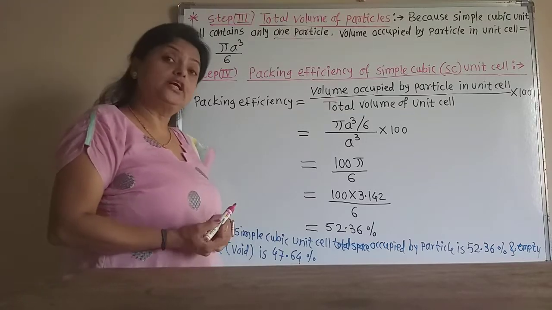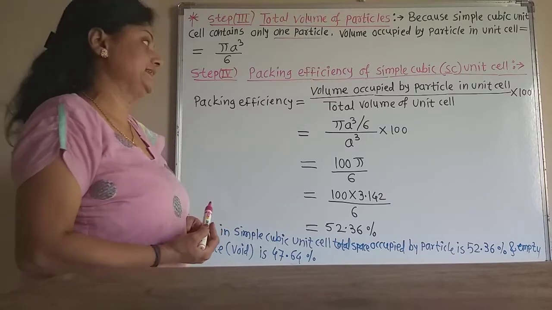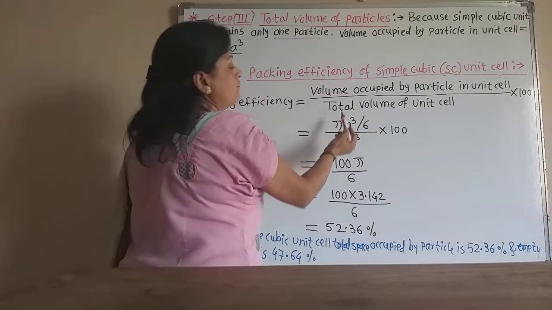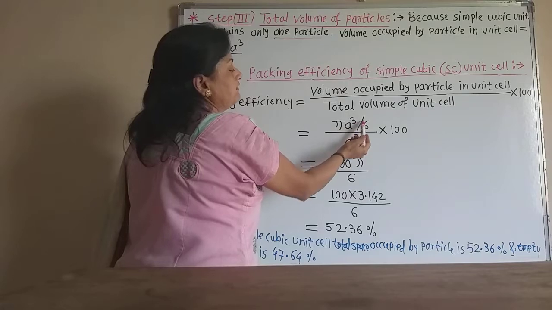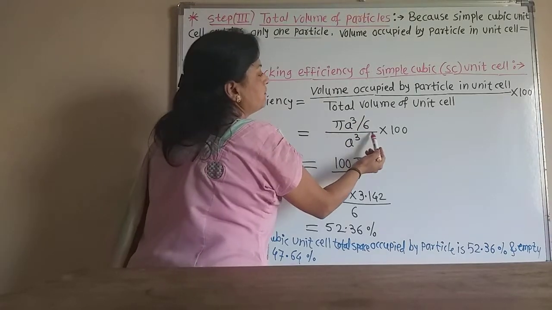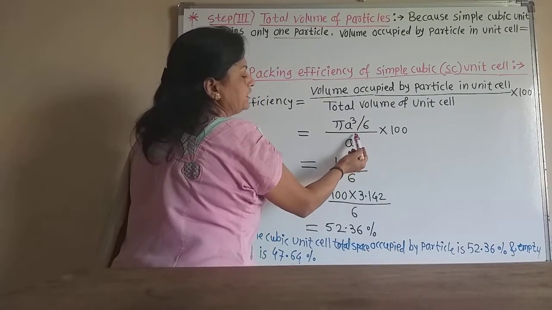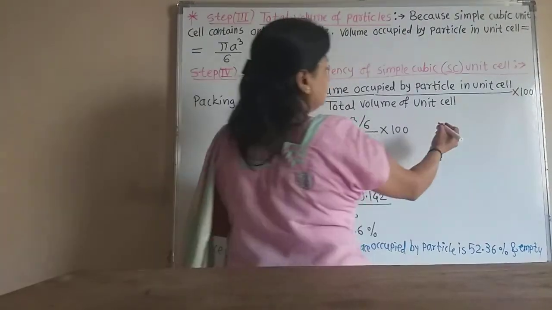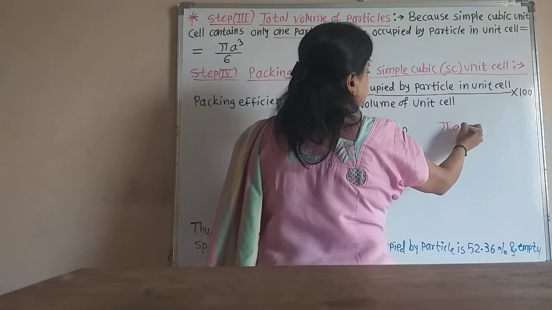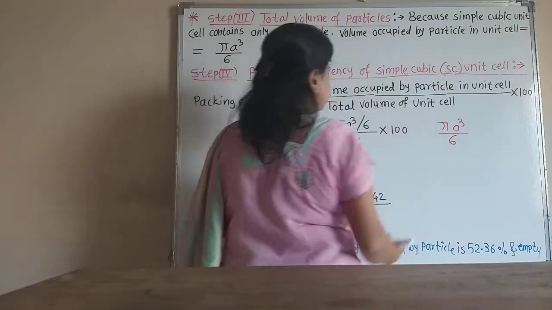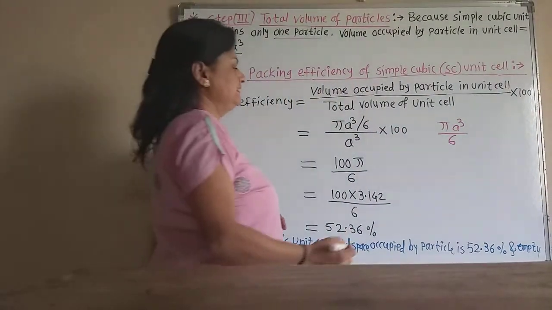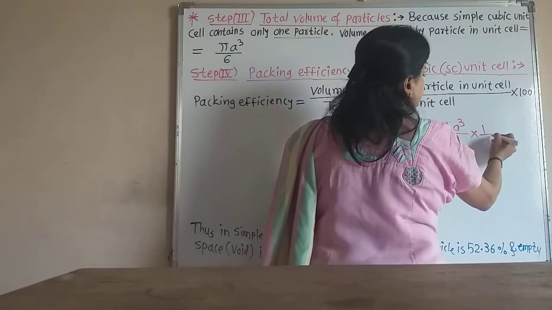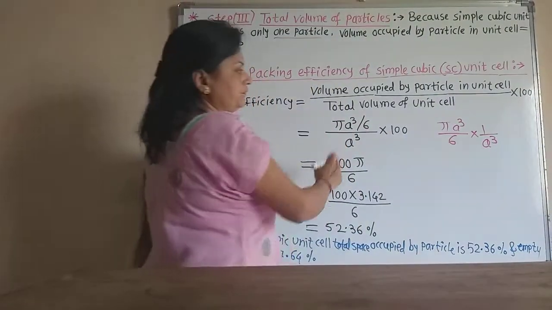So the volume of one particle, pi a cube divided by 6, divided by the volume of the unit cell a cube, into 100. Now this pi a cube divided by 6 is multiplied by 1 divided by a cube.